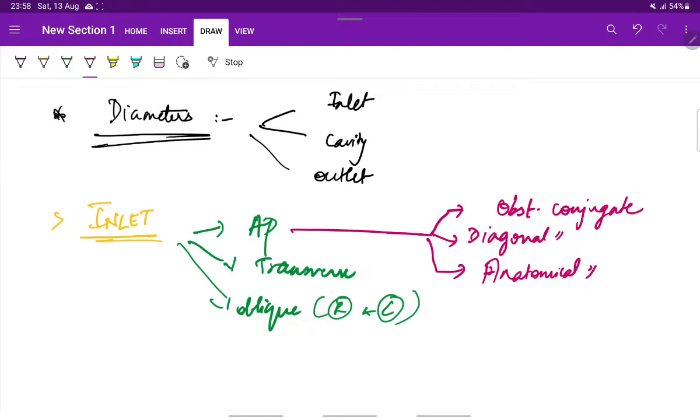Obstetrical conjugate, diagonal conjugate, and the anatomical conjugate, in which the obstetrical conjugate is the most important one, because this is the shortest diameter through which the presenting part should pass during the time of labor.